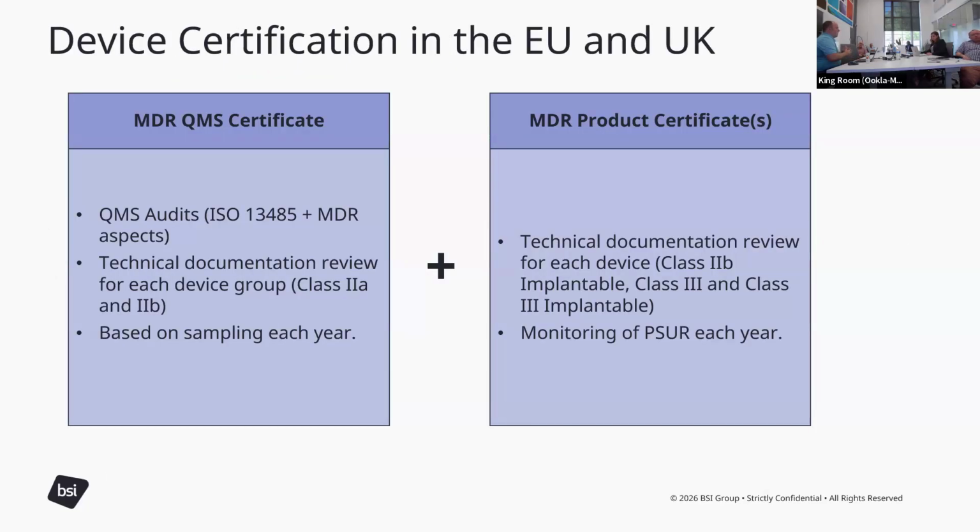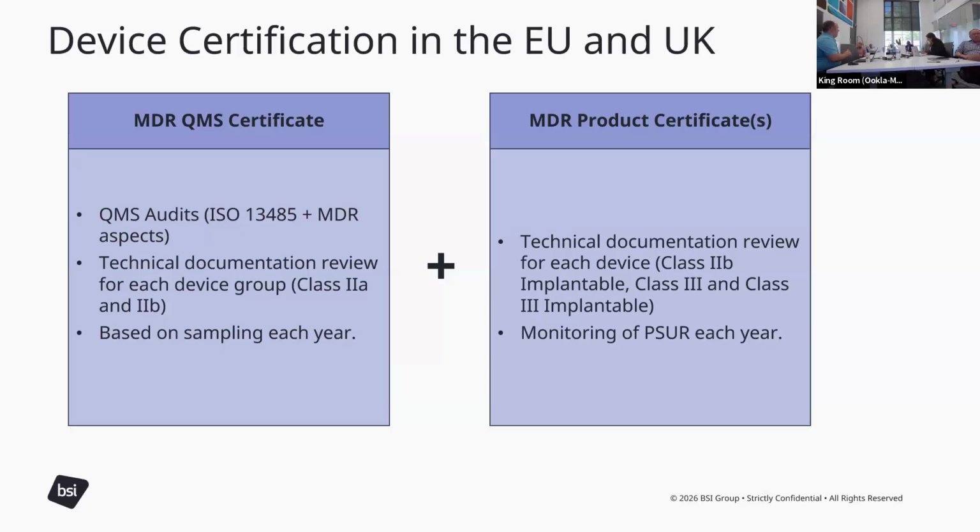So in terms of the structure of these certificates, you essentially end up with at least one, maybe multiple MDR certificates, depending on the classification of devices. So your MDR QMS certificate basically shows that you have a quality system that meets MDR requirements. So it's basically ISO 13485 plus some stuff from MDR.